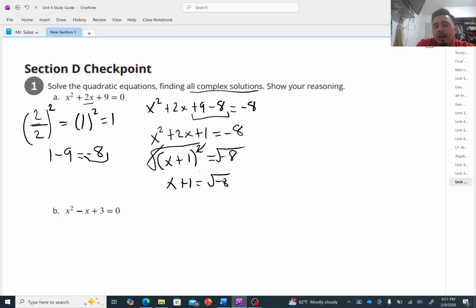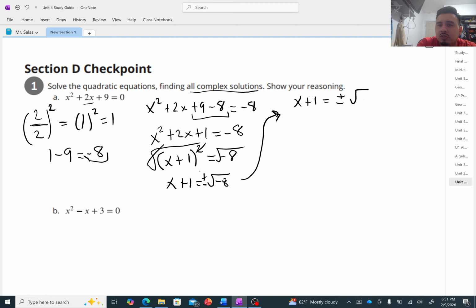I know that when I do the square root, I'm going to be left with the plus and minus, right? So I'm going to take my work and put it off to the side. Continue. x plus 1 is equal to plus or minus the square root of negative 8. In this case, we already know it's negative, so I'm going to make sure it's an imaginary number now.